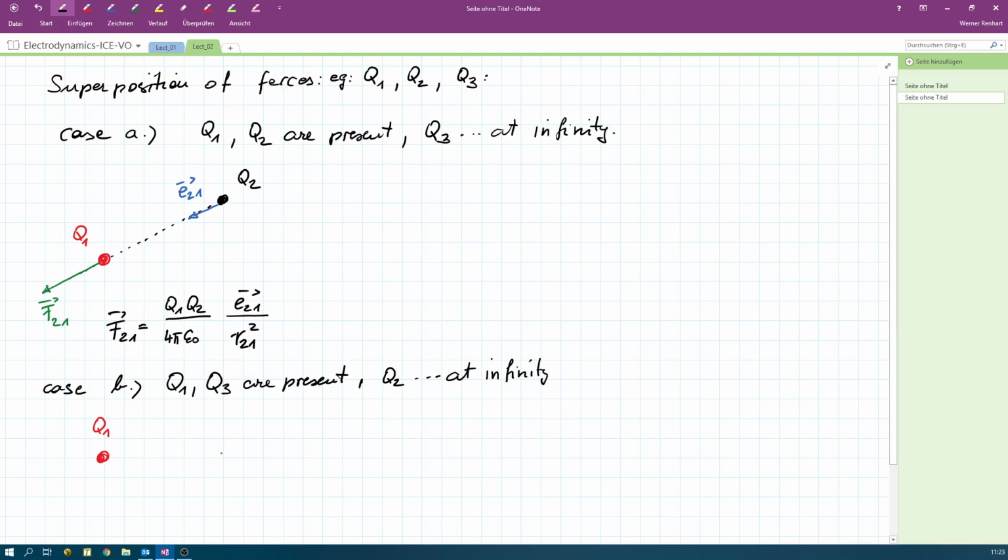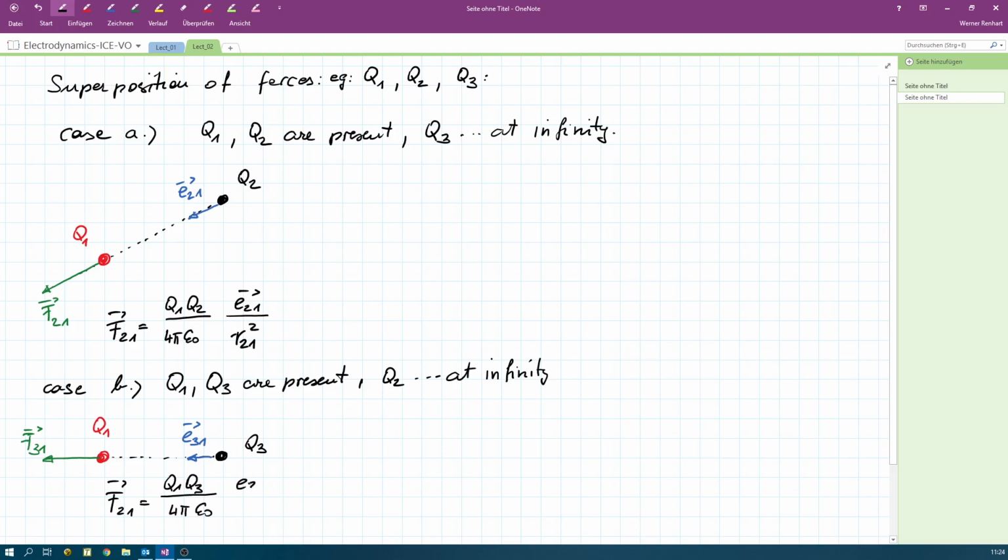Then in some other location, maybe horizontally situated, we have the charge Q3, and a force acting on Q1, which is F31 pointing from 3 to 1, with the unit direction vector E31.